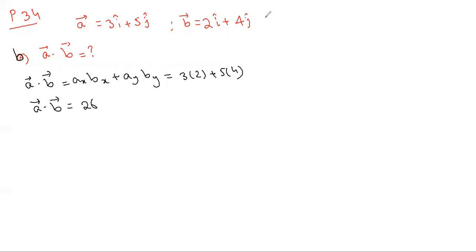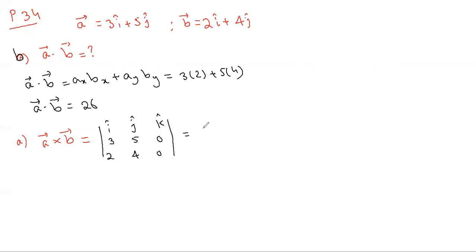And in part A, we have to find A cross B. So that can be found via 3 by 3 determinant I, J, K. So vector A is 3, 5, 0, 2, 4, 0.